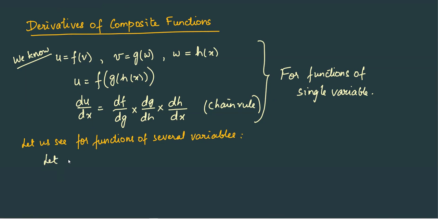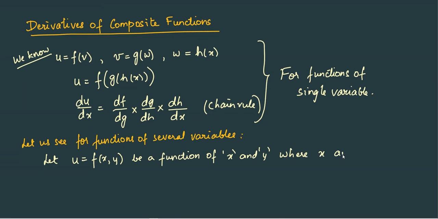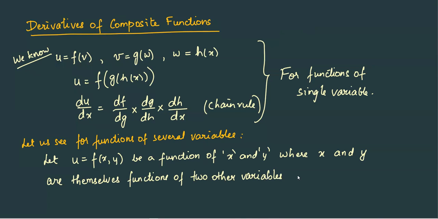Now let u equal to f of x comma y be a function of x and y, where x and y are themselves functions of two other variables, r and s.